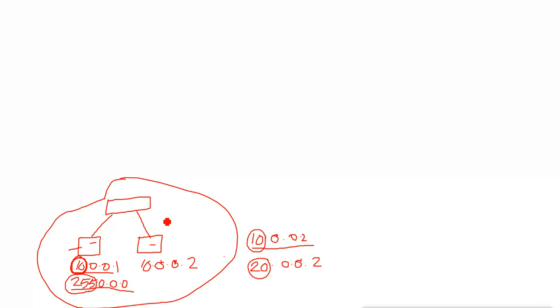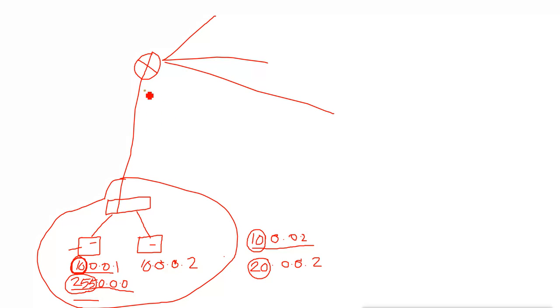For this, the machine will search whether I have any gateway or not. Our machine checks whether I have any gateway available. Gateway means your router, which is connected to multiple different networks and also to your own network, and the IP we configured on this interface is the gateway IP.